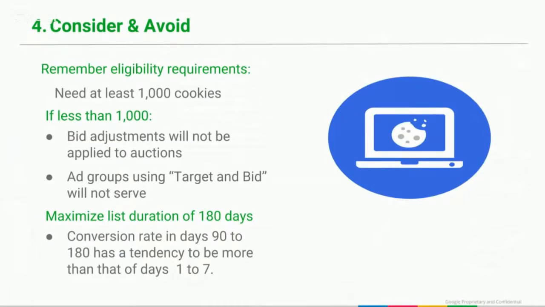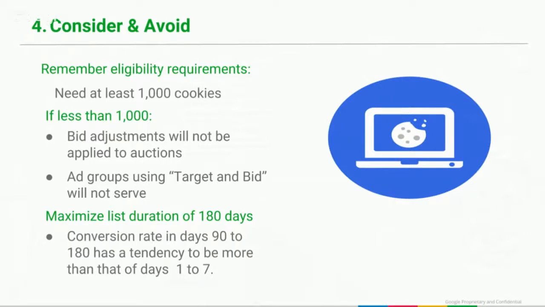And in order to maximize that audience list, there are a couple strategies that we have in mind here. One is maximizing the list duration to 180 days. When you set up your remarketing campaign audience list, usually it's defaulted down to 30 to 60 days or so.